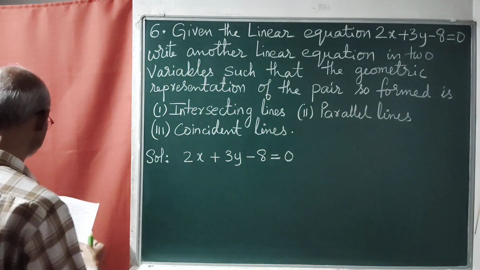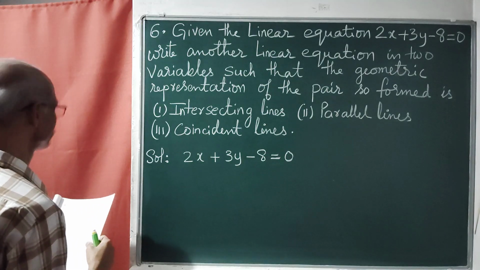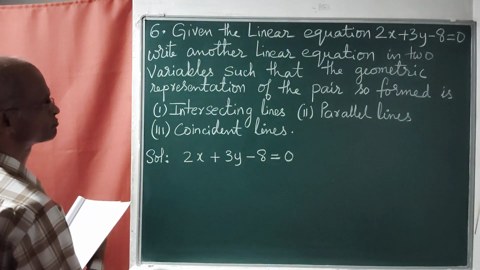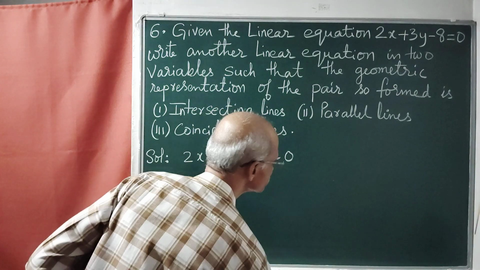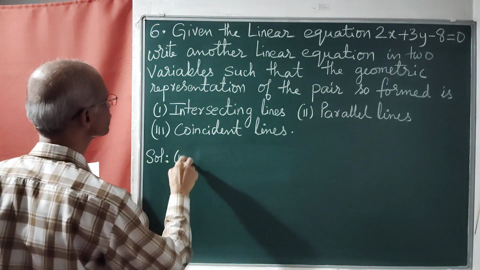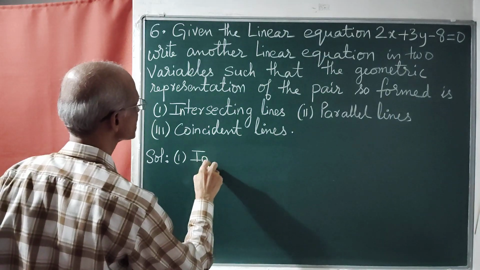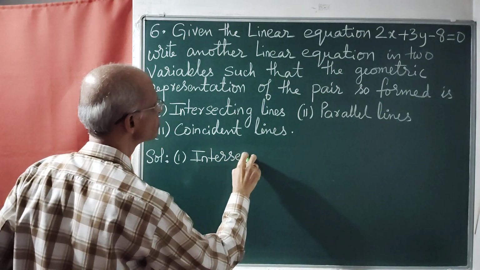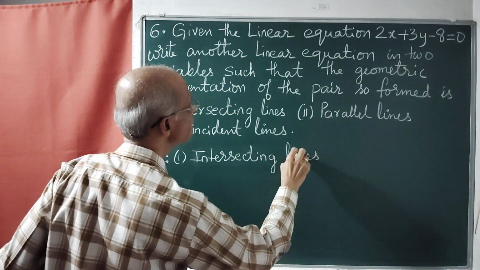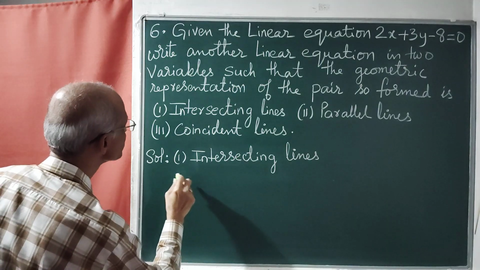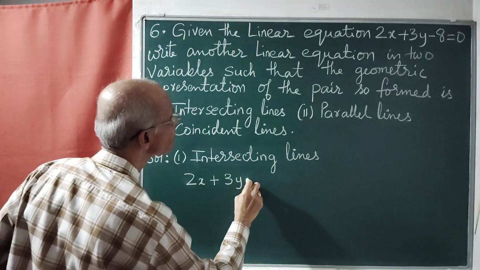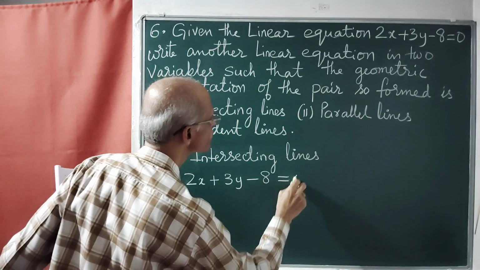First, we'll take the first case. The lines should be intersecting. The equation you have been given is 2x plus 3y minus 8 is equal to 0.